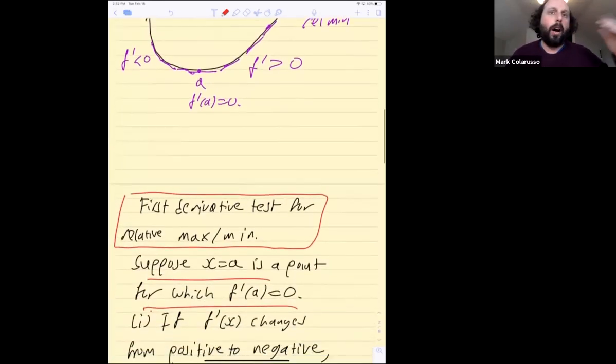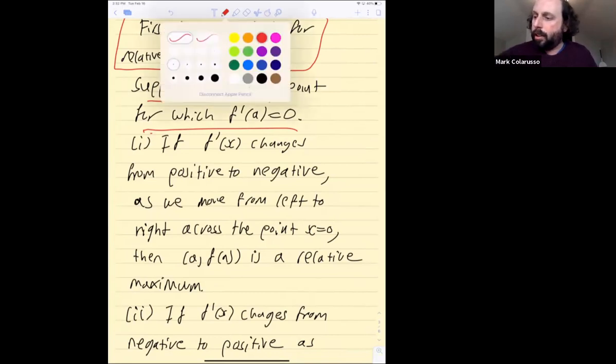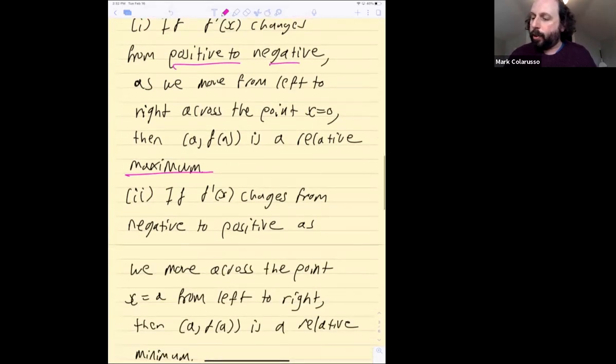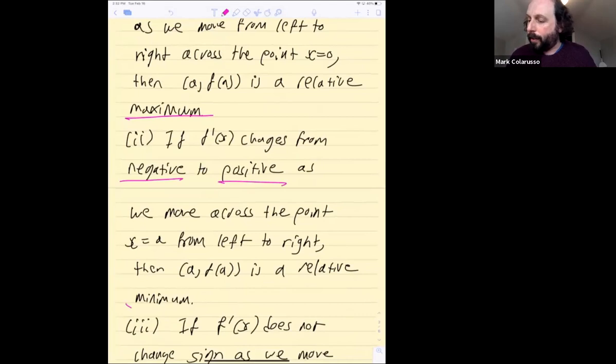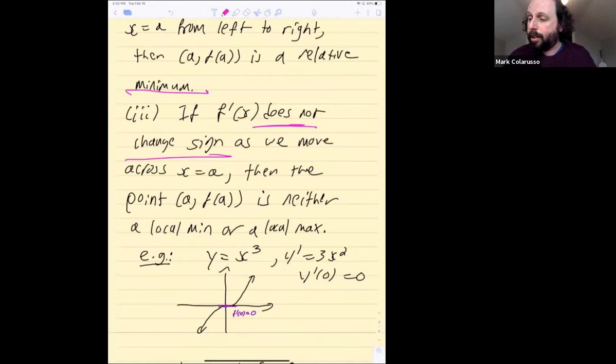And then you just see how the sign of the derivative changes as you go across the point a. If it goes from positive to negative, you have a max, and if it goes from negative to positive, you have a min, and if it does not change, then you have nothing. Well, not a min or a max, you might have something else.